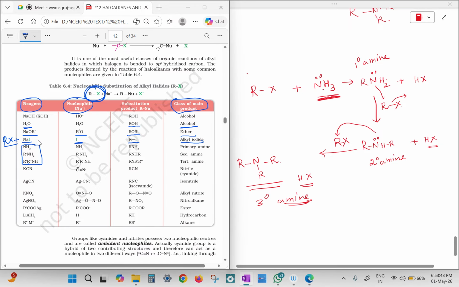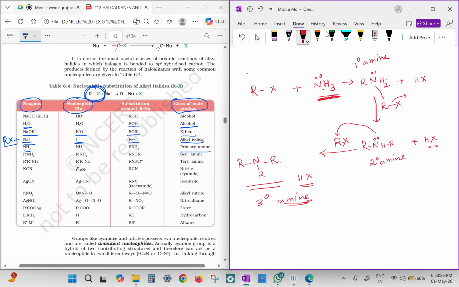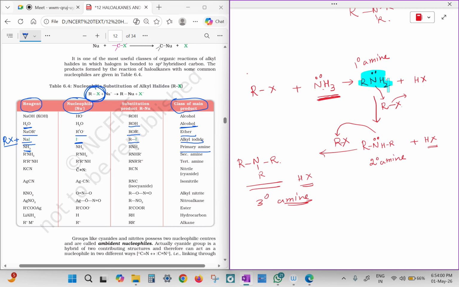So see here now, look at this table. When RX is treated with ammonia, you first get a primary amine. When it is further treated with RX, you get a secondary amine.